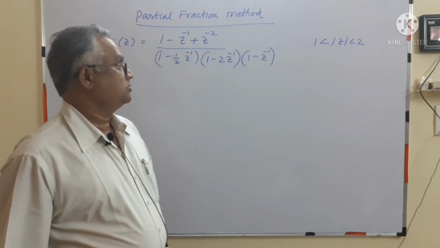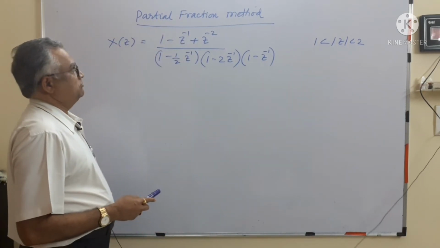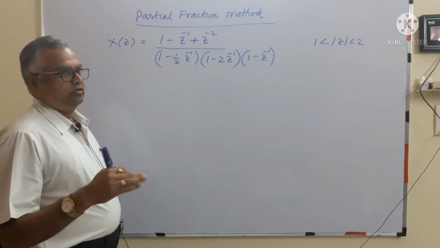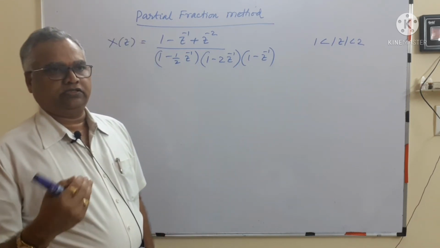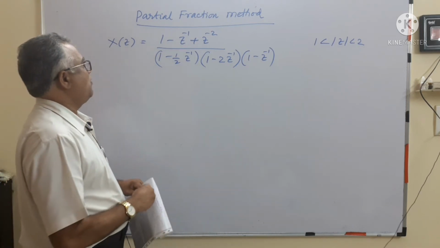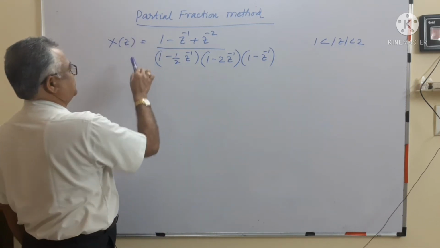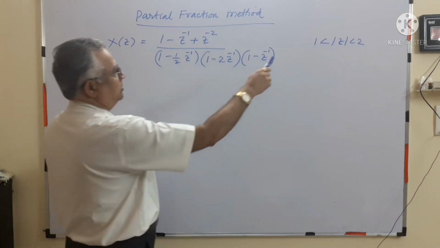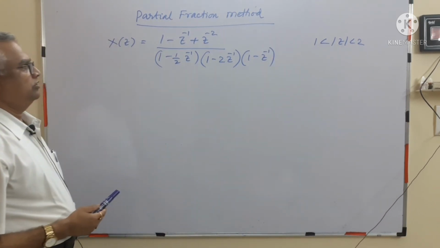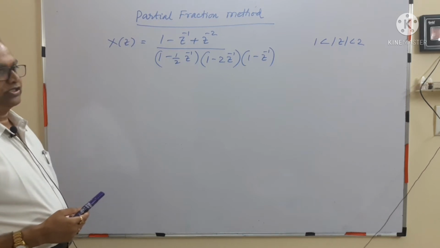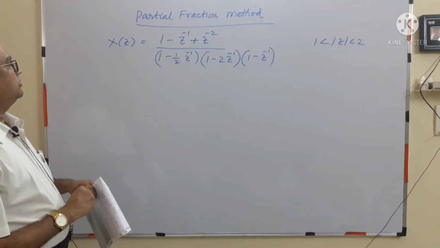Next method is the partial fraction method. How to find x of n using the partial fraction method. This is one of the simple methods. So this is x of z, given ROC between 1 and 2. Find x of n using the partial fraction method.